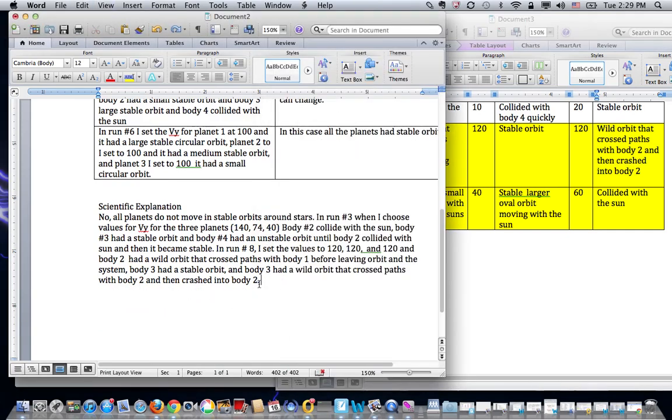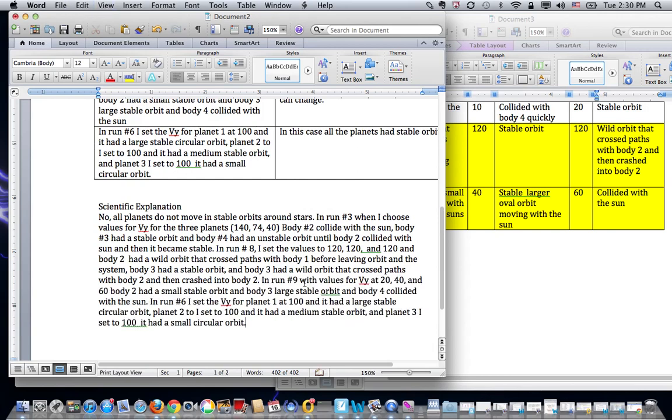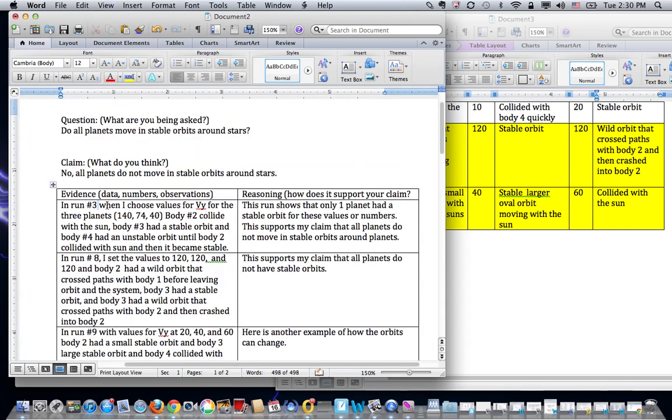Well, you know what? I'm just going to say a conclusion to this. These are all examples of many different types of orbits or outcomes for planets in a system. I could have really copied this part, and then after it show that this is what this run shows.